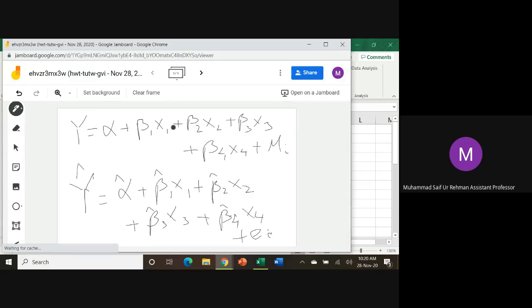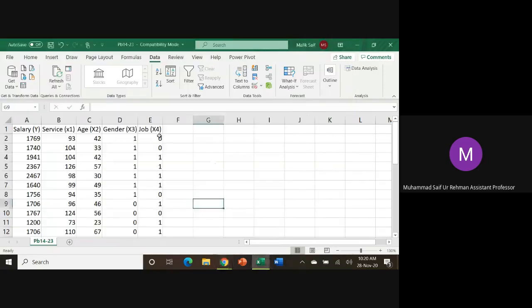Like in this case, job and gender: somebody has a job, somebody has no job, so you can give 0 and 1. For gender, if you give one value to the male, then you can give 0 to the female. Then there are age and service variables.